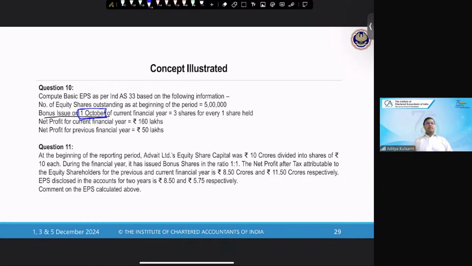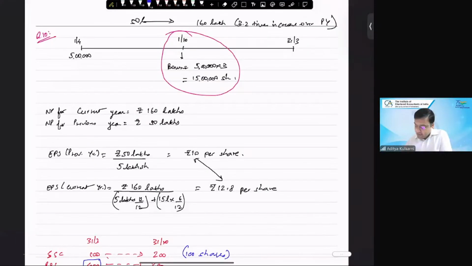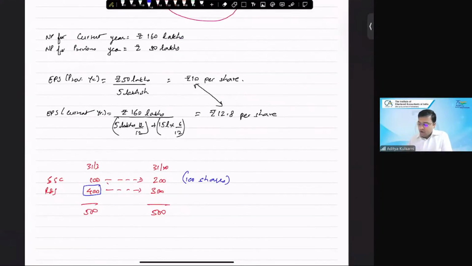That's it. But key point is, please note, these bonus shares were always present. And therefore, what the standard tells is you cannot do this type of calculation.